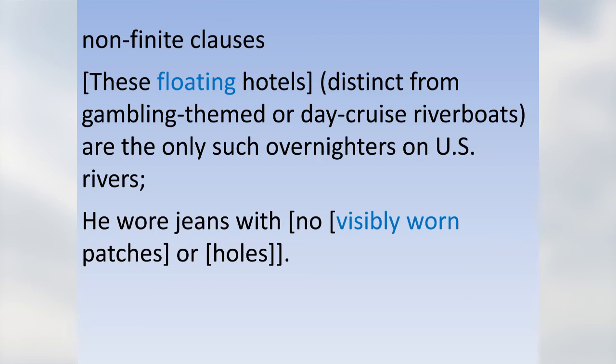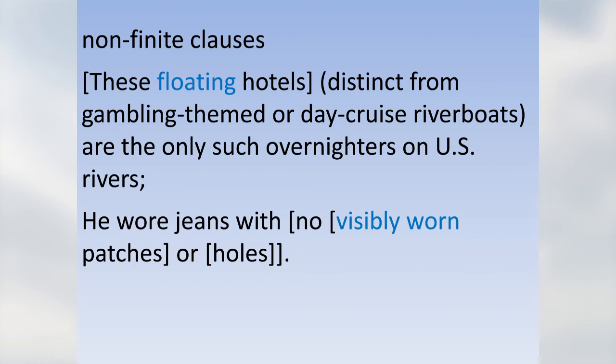Another thing that can come in that position is non-finite clauses. Remember the non-finite ones, the head of the clause is not a primary verb form. It can be a gerund participle, or it can be a past participle, or it can be an infinitive.